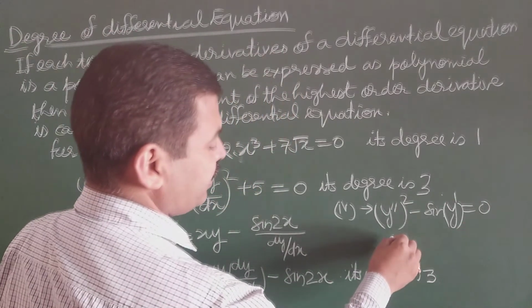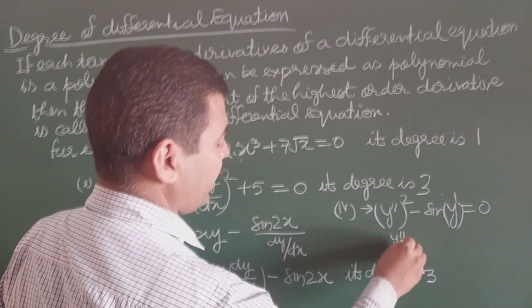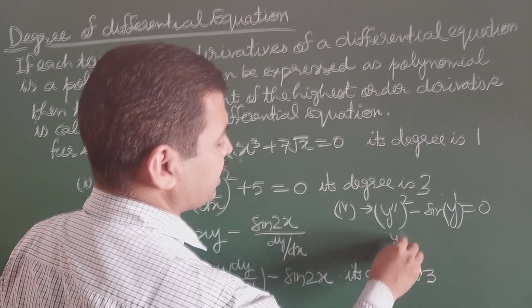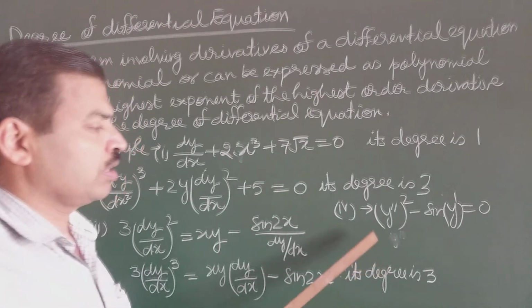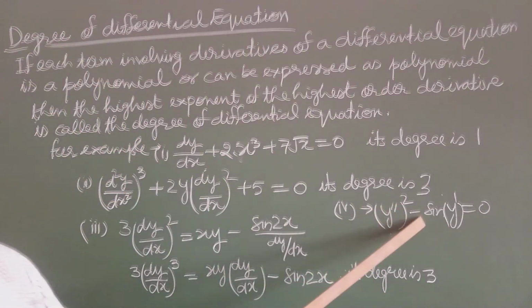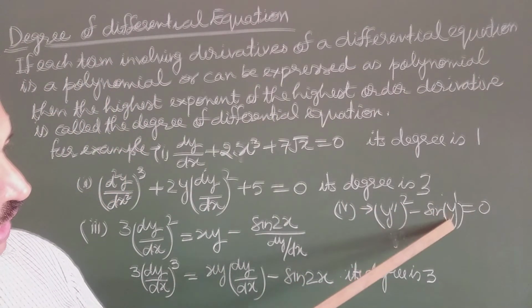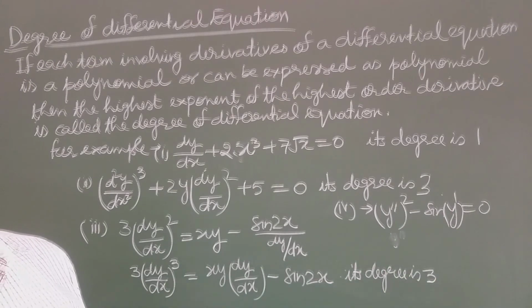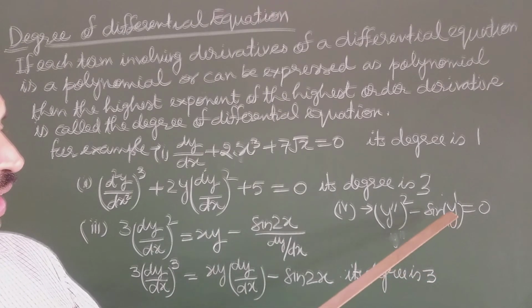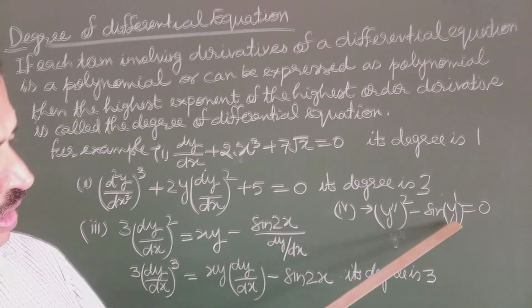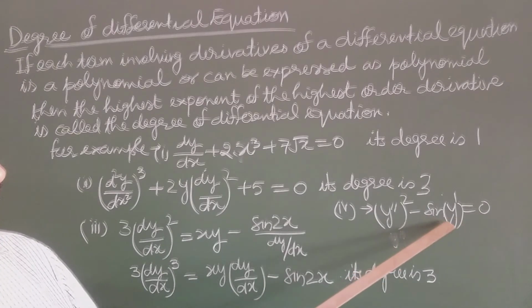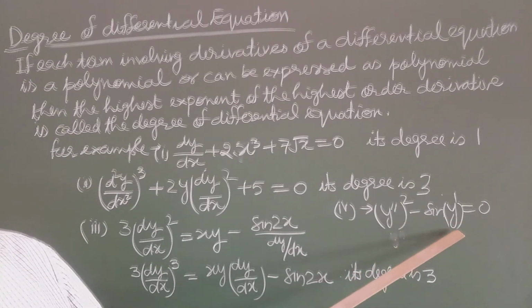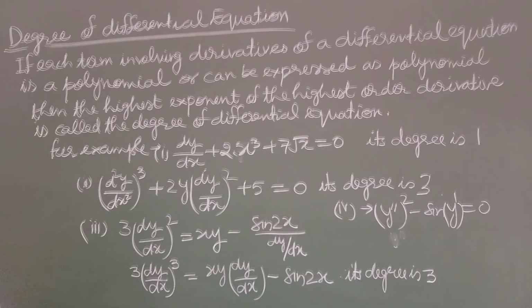So we can write it as y double dash means d square y upon dx square, squared, minus sine dy by dx. y dash means dy by dx. So dy by dx is inside the sine here, correct? So it is not a polynomial. Okay, that's why its degree cannot be defined.